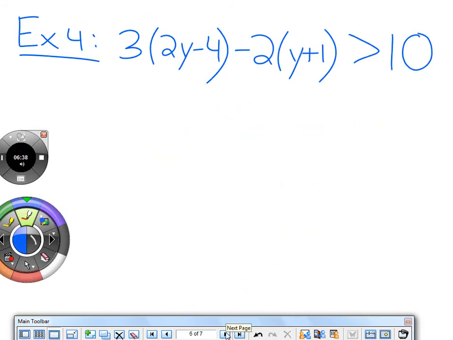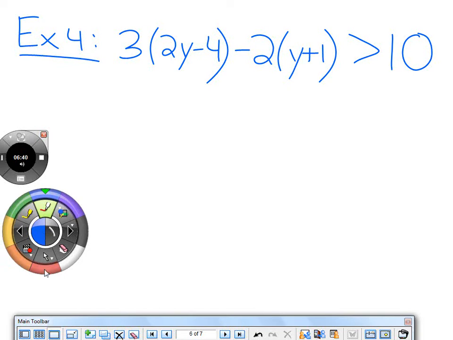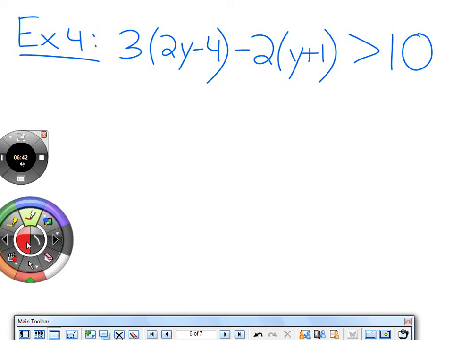Okay, now a big ugly mama here. So you see those parentheses, you know you got to do some distributing. So distribute, distribute, distribute, distribute, and 3 times 2y, that'll be 6y. And 3 times negative 4, that's negative 12.